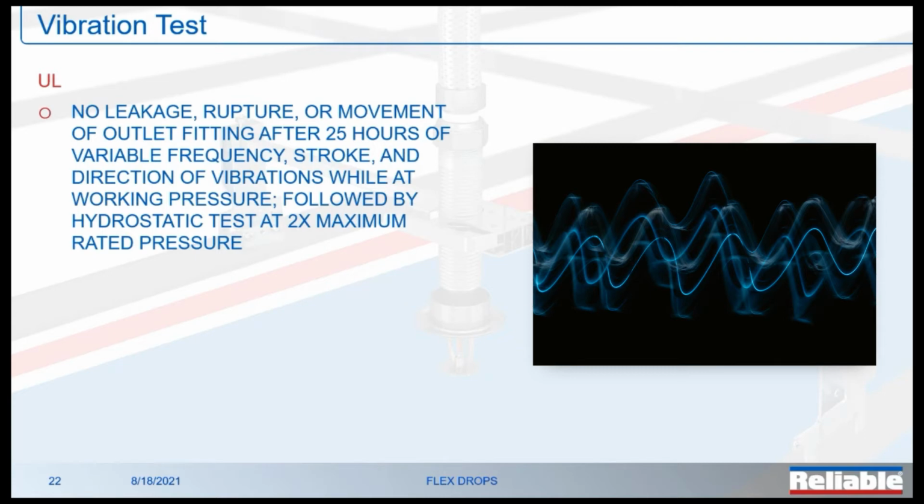The vibration test. So imagine that you take the fitting end of the flex drop and anchor it to the wall. You then take that flex drop and you bend it 90 degrees downward and you attach the sprinkler end to the vibration table.